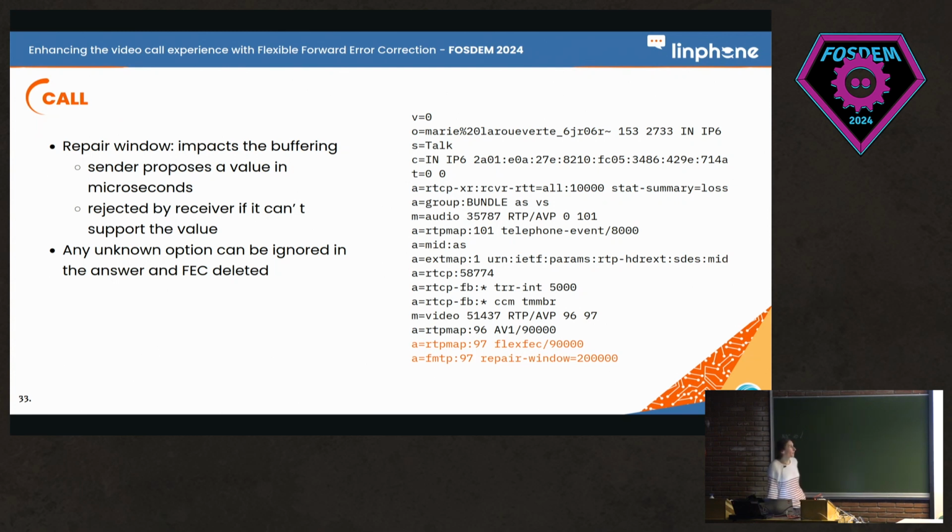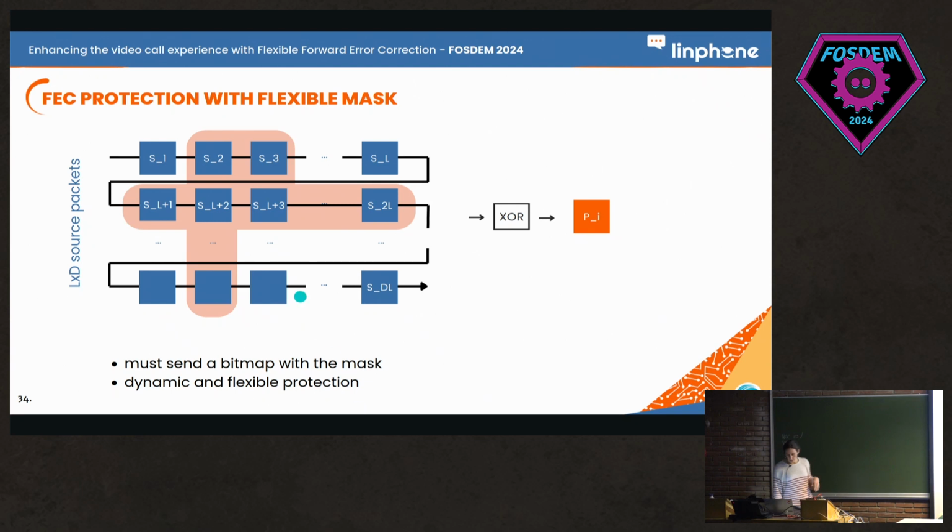For example, you can decide to protect some very specific source packets by using a flexible mask. So you can decide to protect some packets twice and some other once or not at all. And yes, it can be an improvement to prioritize the most important packets in your stream. And there are other schemes, other parity codes.